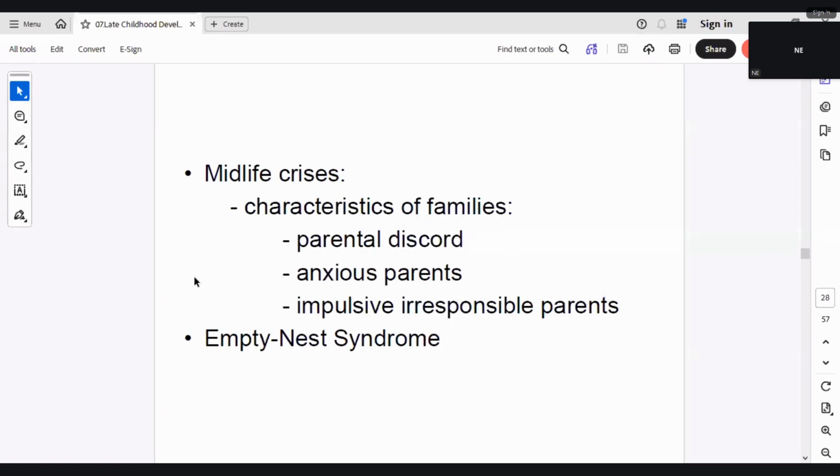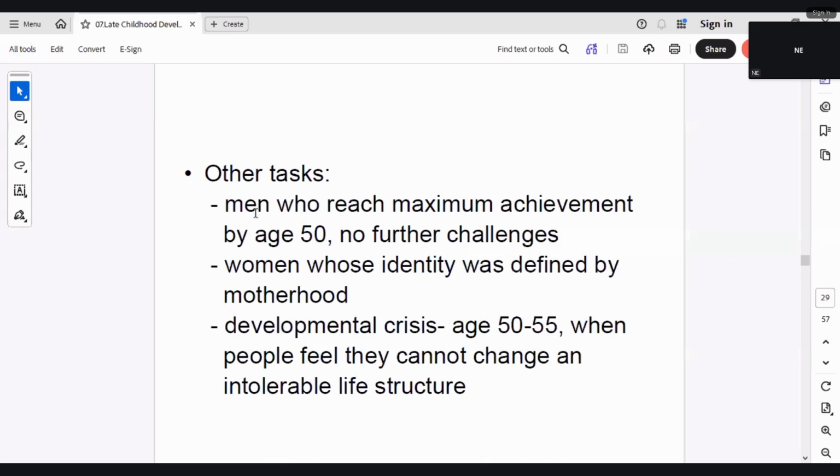Or, for example, dad is now retired and staying at home, kids are out of the house, and she has to deal with him being at home after being away at work for God knows how many years. So, how does that impact relationships?